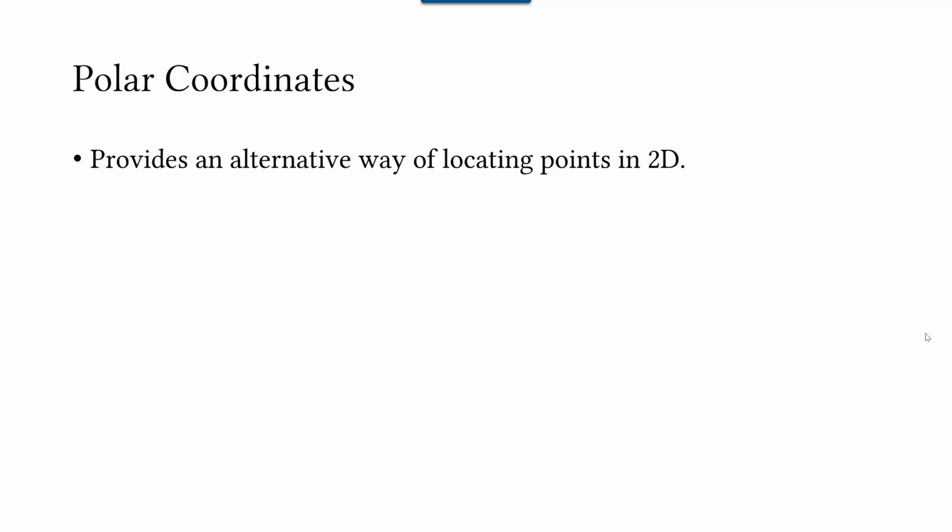First off, polar coordinates is an alternative way of locating points in two dimensions. It provides an alternate coordinate system to the typical XY coordinates that we usually use. So here's what they look like.